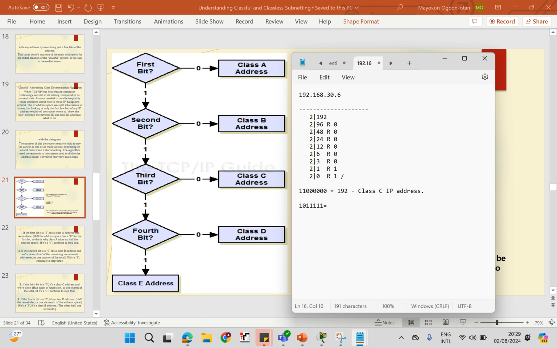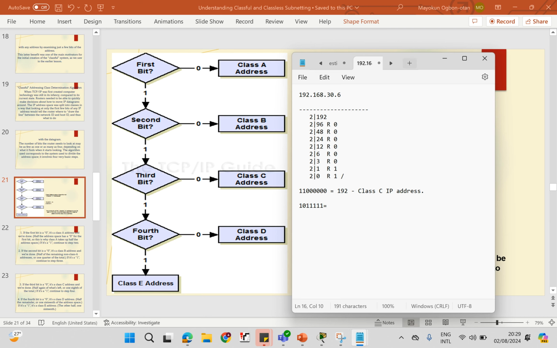So when they give you an IP address, all you need to do is to try and convert it to binary. Once you convert it to binary, you will know what class it belongs to. But this technique or this formula only works for classful IP addressing.